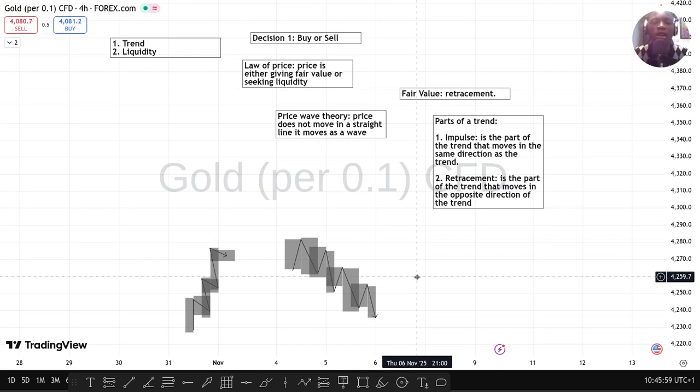As a trader, you should understand that your best chance of making money is in trading the impulse move. Because what is an impulse? An impulse move is the move that tells us who is leading in the market, because in every market there are two participants, buyers and sellers.